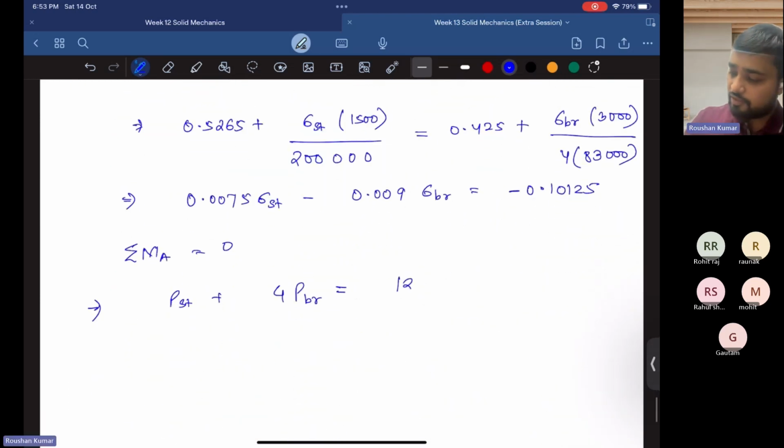And W is given as 120 kilonewton, so it is 120 into 10 to the power 3 into distance, that is 2.5.